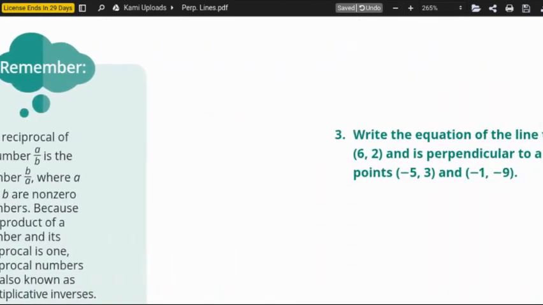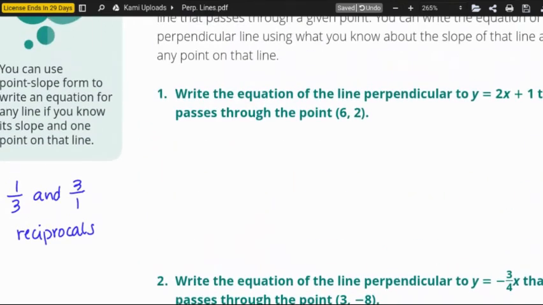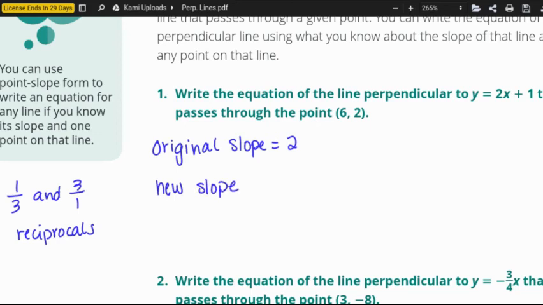So moving over to the right-hand side where you're going to be practicing, I just want to reiterate how that would be possible. Number 1 says write the equation of a line that's perpendicular to y equals 2x plus 1 and passes through the point (6, 2). If I know that my original slope is +2, then I can create my new slope by doing the opposite reciprocal of the original.